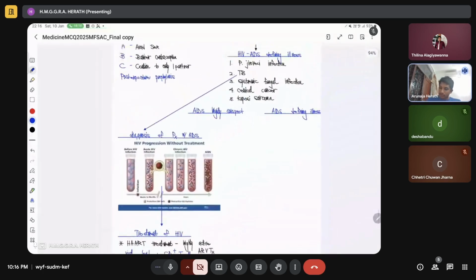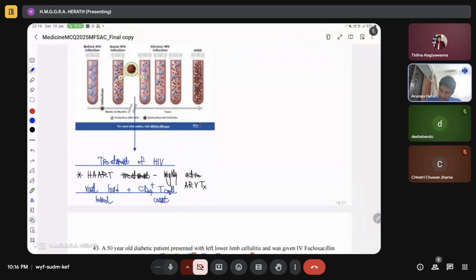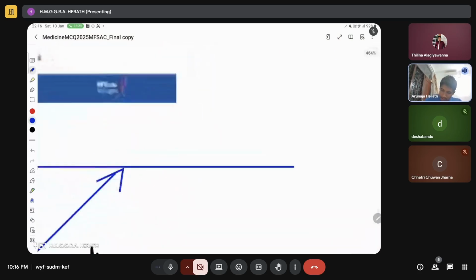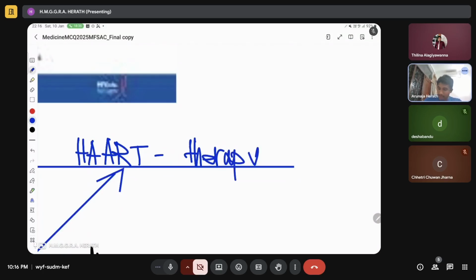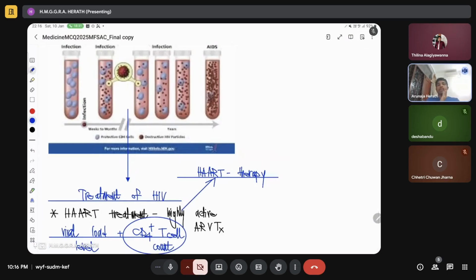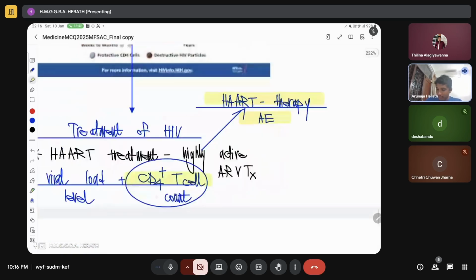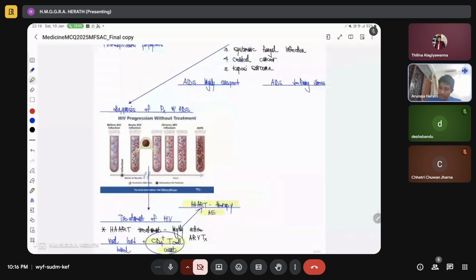So the goal is to maintain the CD4 T cell count above a certain threshold that will prevent AIDS. Right? And the HEART therapy will have a lot of side effects. These patients have increased risk of heart disease, right? These patients have increased risk of cholesterol deposition. They have liver problems, right? So there are a lot of adverse effects. So managing these adverse effects and then maintaining a good CD4 T cell count are the main objectives of treatment.